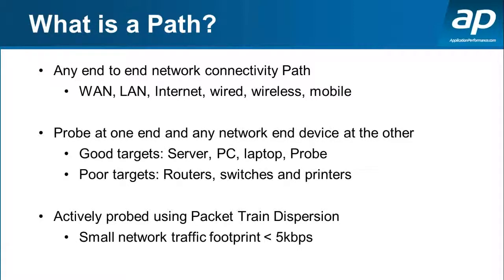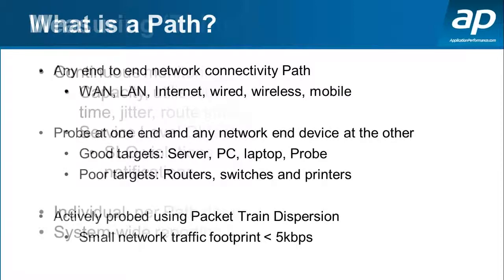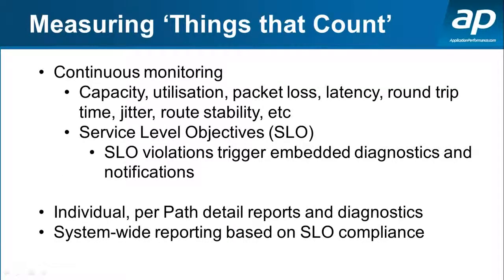And from analysing those differences, we can see all sorts of aspects and characteristics that are really important about the network. As Einstein said, it's measuring the things that count that are the most important thing, and that's what we do. So we can see capacity, and that's total capacity end to end.